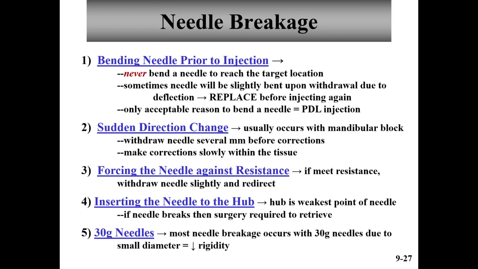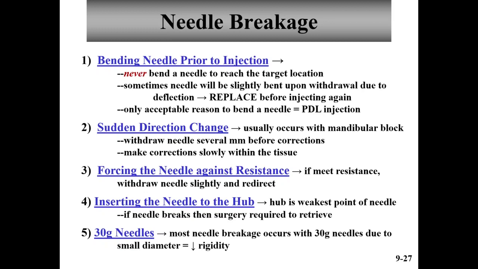Forcing a needle against resistance. If you meet resistance, you want to withdraw and redirect. Don't keep pushing because it has nowhere to go, and that can cause needle breakage. The hub is the weakest point of the needle. You need to know that. That's going to be on every board exam you take. What is the weakest part of a needle?